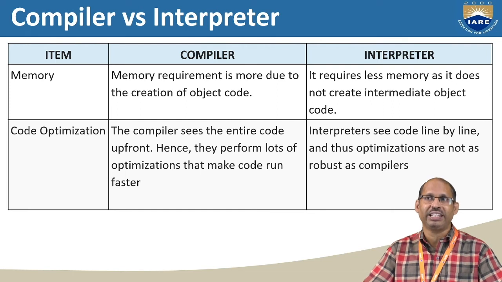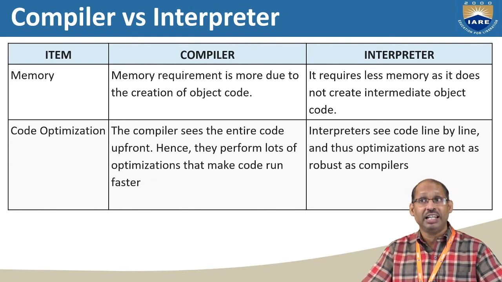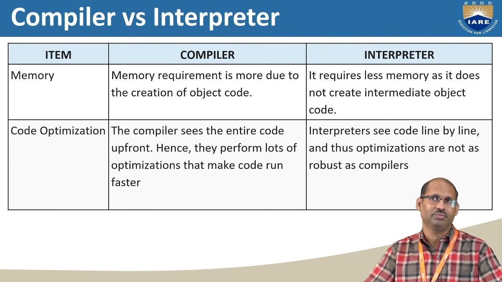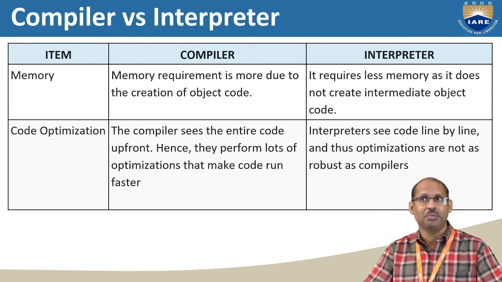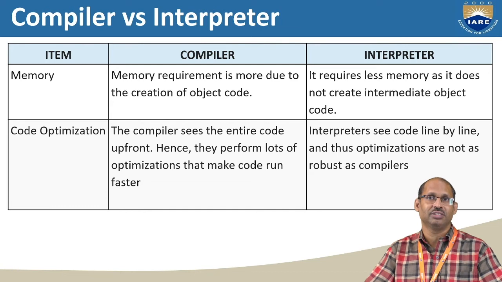It won't be converted to other forms. Right? So it requires less memory. So that is a comparison between compilers and interpreters using the memory.